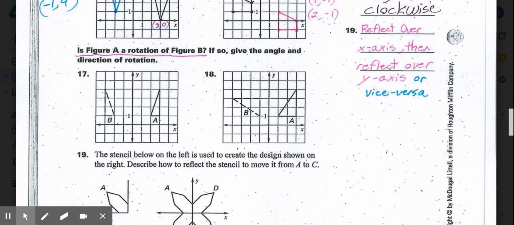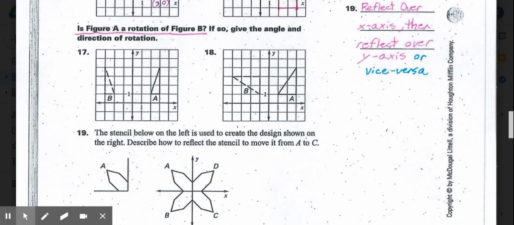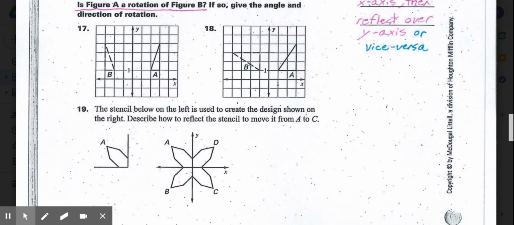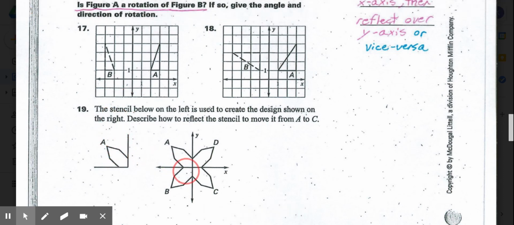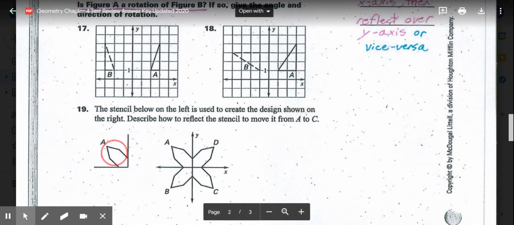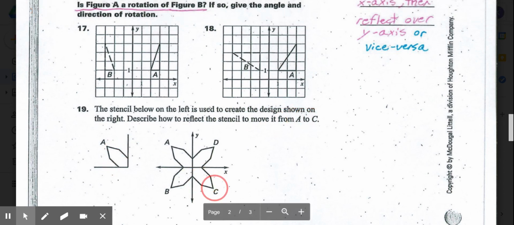And then our last problem on here, number 19, says the stencil below on the left creates the design shown on the right. So this is the original stencil. This is the final design. They want us to describe how to reflect the stencil to move it from A to C. So how do we get from A down to C?